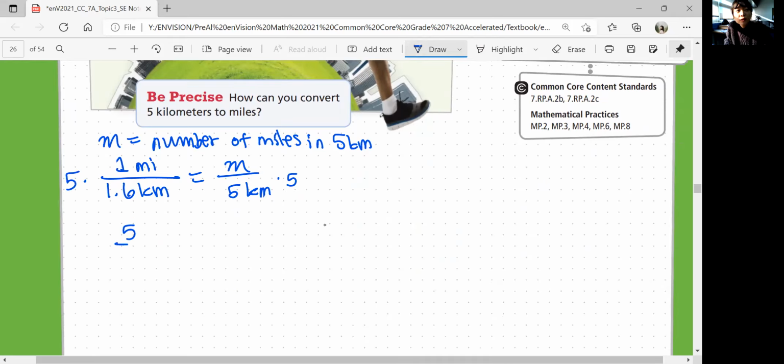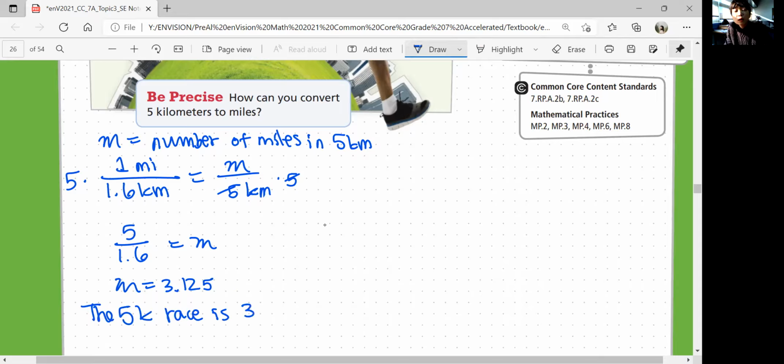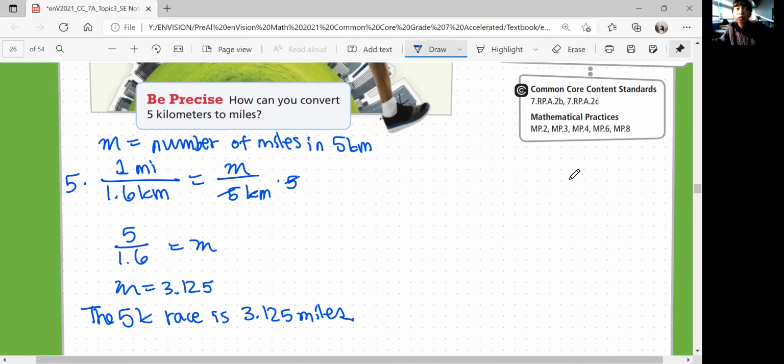And you have 5 divided by 1.6, which is equal to just m. 5 divided by 5 is 1. 5 divided by 1.6 is 3.125. So you know that the whole 5K race is how many miles? 3.125 miles.